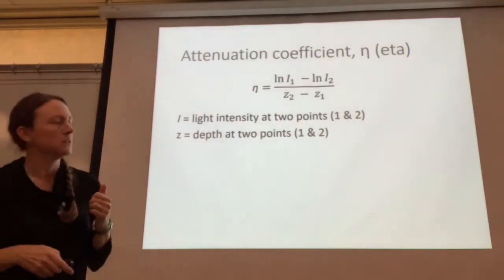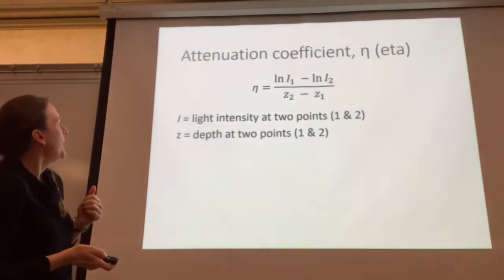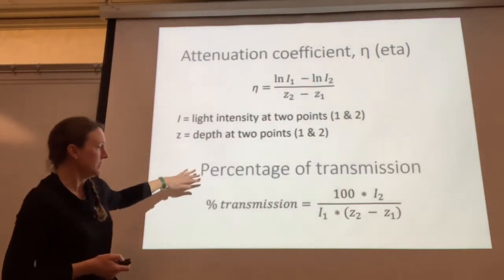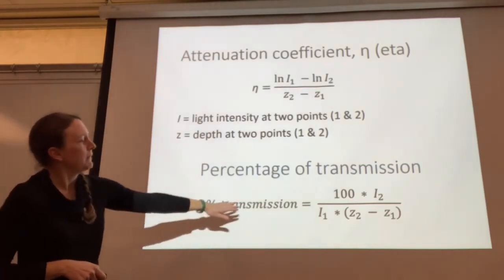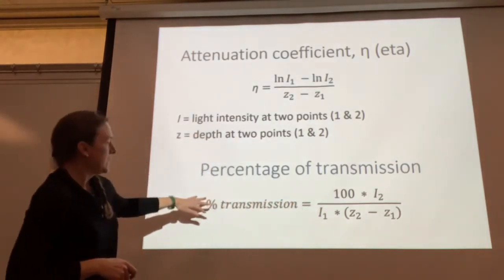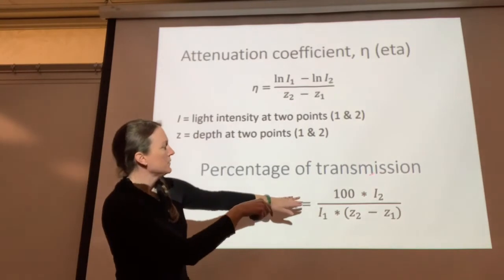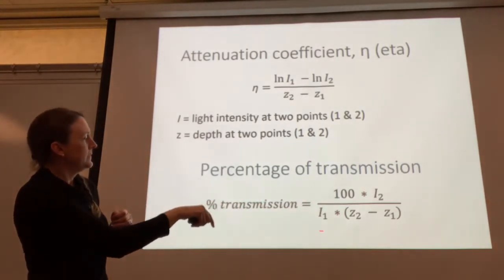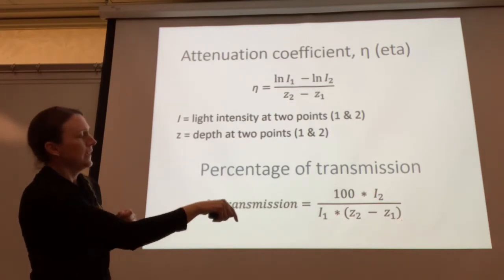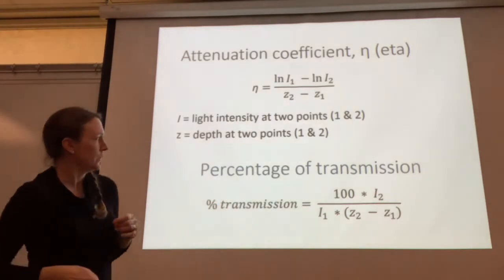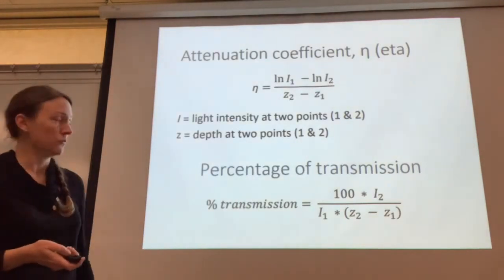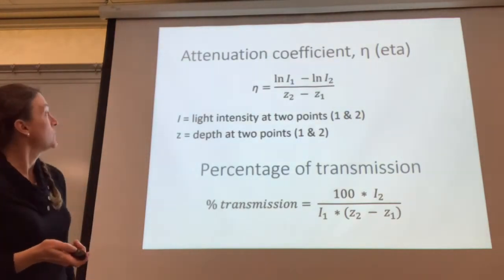I hope that's correct. We'll double check that, okay? And you can also calculate the percentage of transmission. It must be right because it's the same way here. It would be 100 times the intensity at point 2 divided by the intensity at point 1 times, again, the distance between the 2 points. So we're going to work these calculations through in workshop as well.